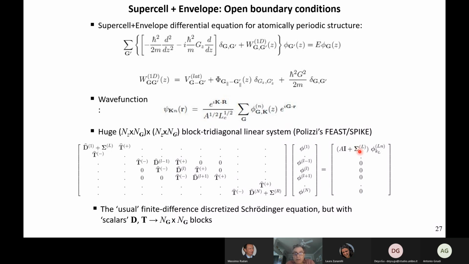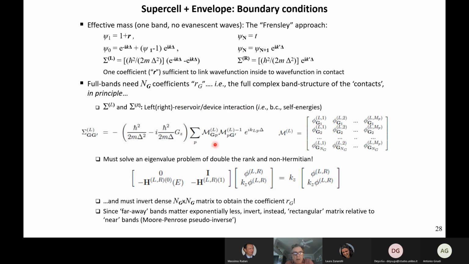And these are more complicated because in a multi-band situation, you can also inject waves that are in between bands. So they're evanescent waves. So the energy is somewhere in between the various subbands that you would have. So in order to do that, we go through lots of complications that I don't want to talk about, essentially about solving the complex band structure, but let's leave it at that.